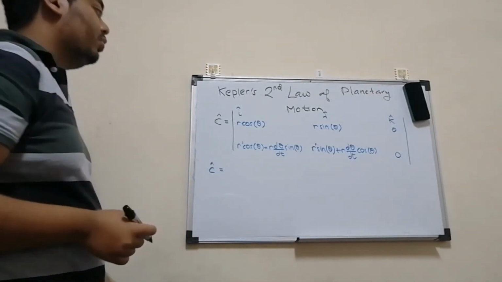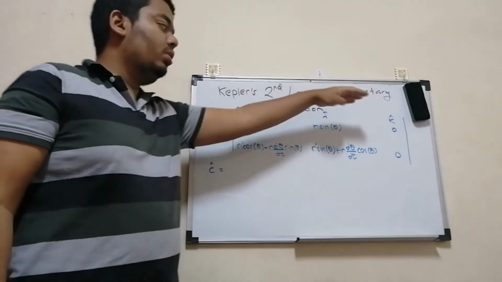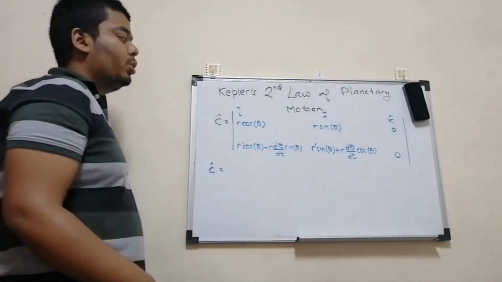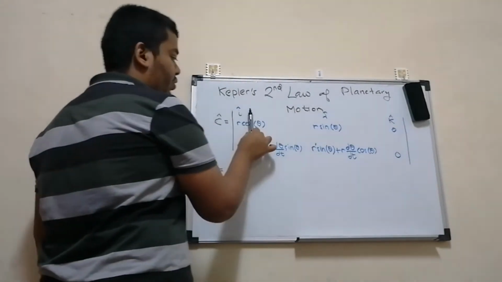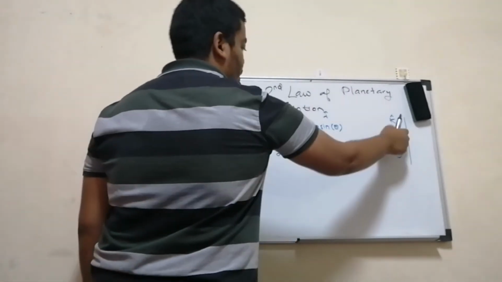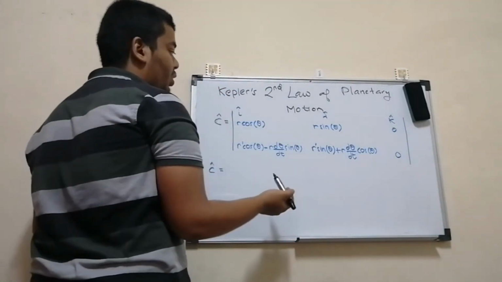The vector c, if you see, we'll first take i, we'll cover the column and the row occupied by i, and we'll take the determinant of the remaining 2 by 2 matrix. So if you do that, we'll cover this first row and the first column. What we'll have is this as the remaining 2 by 2 matrix, with the determinant of that being zero.